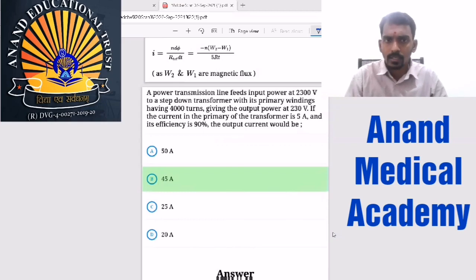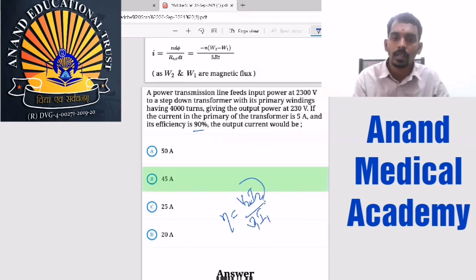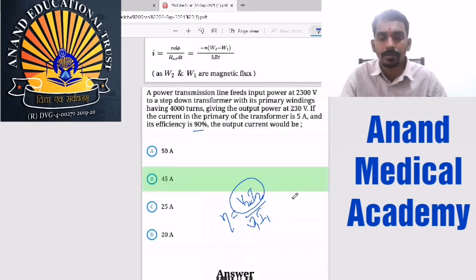Now again the question is based on the transformer only, but here the question is based on efficiency. Sometimes they will give efficiency as 90% or 70%. The efficiency formula is V2 I2, output power by input power, or power across the secondary by power across the primary coil.